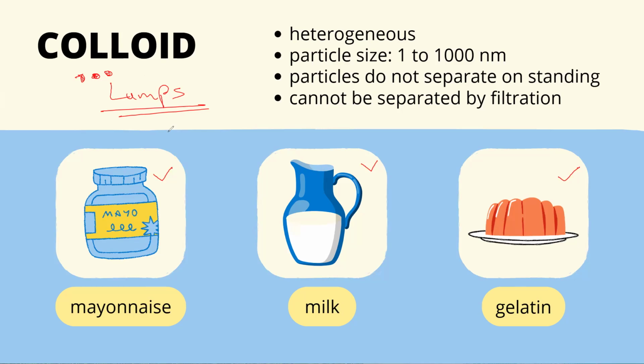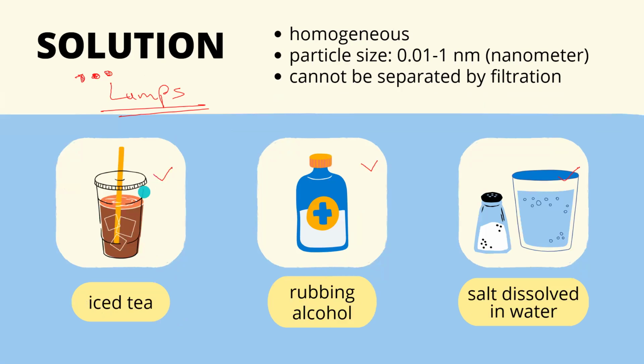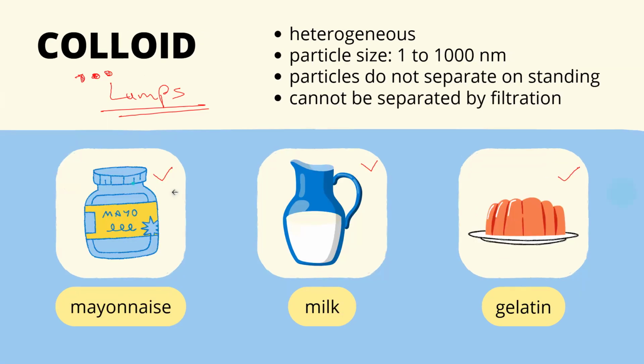That is telling you that the composition of that mixture is not the same throughout, unlike the other examples of solution: the iced tea, rubbing alcohol, and salt dissolved in water. In this case, this is a heterogeneous mixture, and the particle size ranges from 1 to 1000 nanometers.